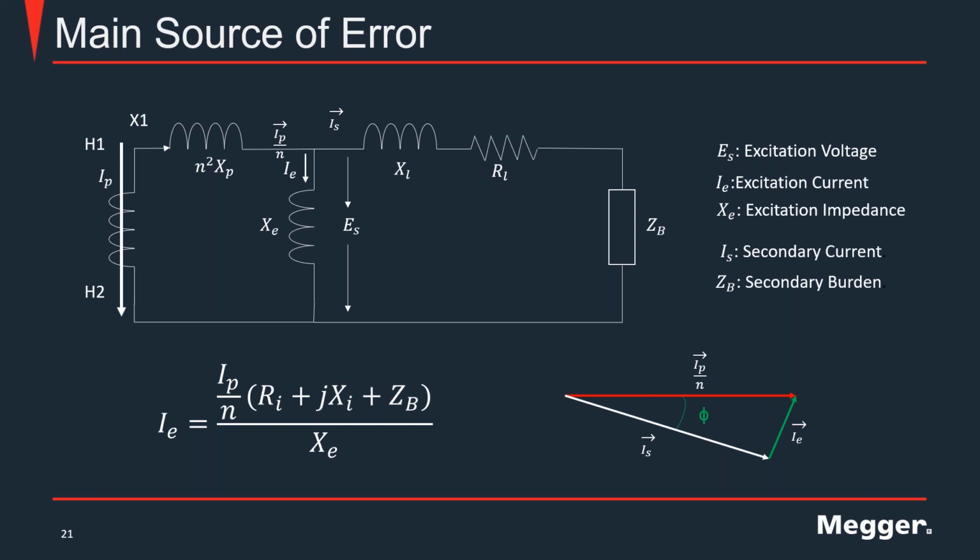The moment we start talking about the protection class CT, then it's a slightly different talk, because now you're talking about CT saturation, 20 times the rated current and all that stuff. But the explanation that I just provided is truly applicable for metering class CT, because if you can lower the burden rating, it would impact the excitation current, and if it impacts the excitation current, it would certainly impact the error associated with that CT.